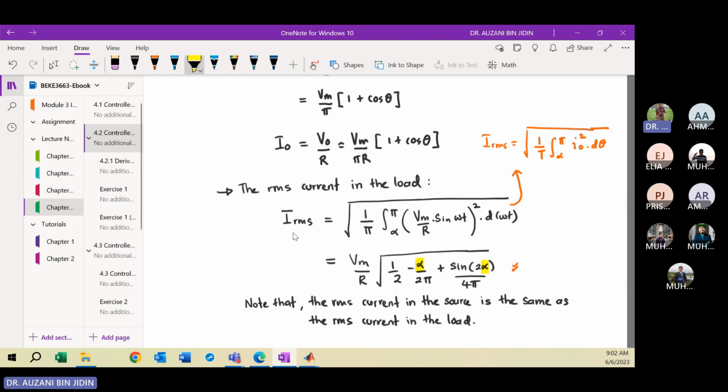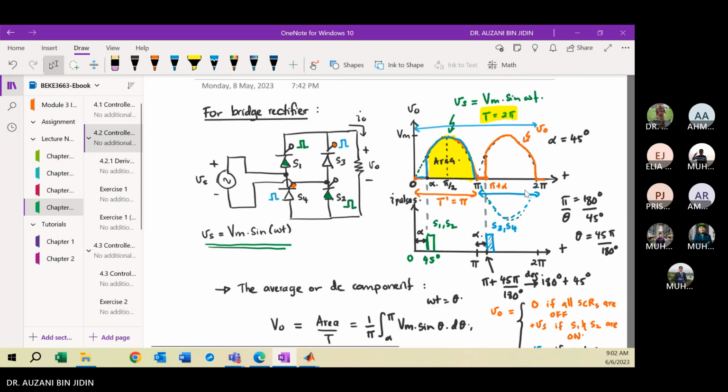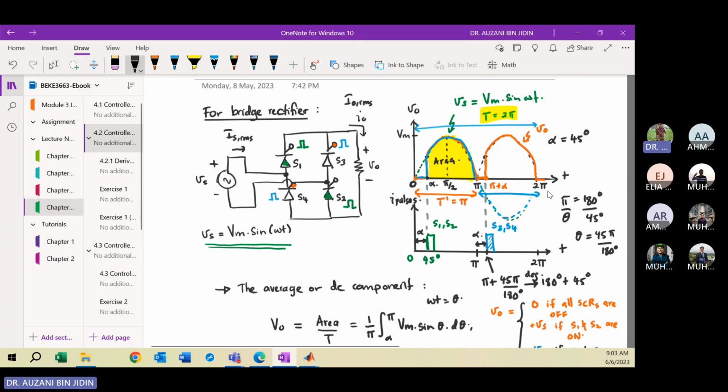You have to take note for the rectifier that the RMS current in the source, IS RMS, is equal to the RMS current of the output current. These two currents are the same. This one you need to take note.